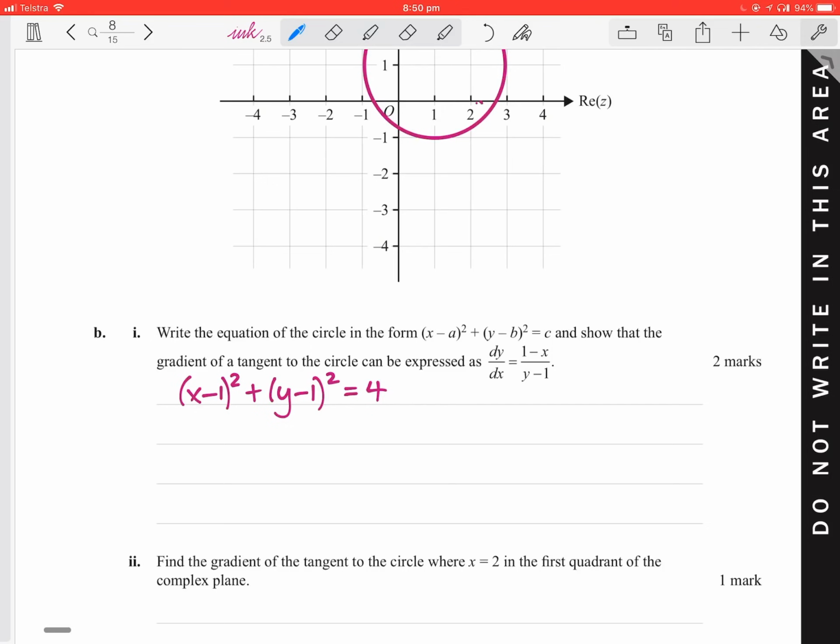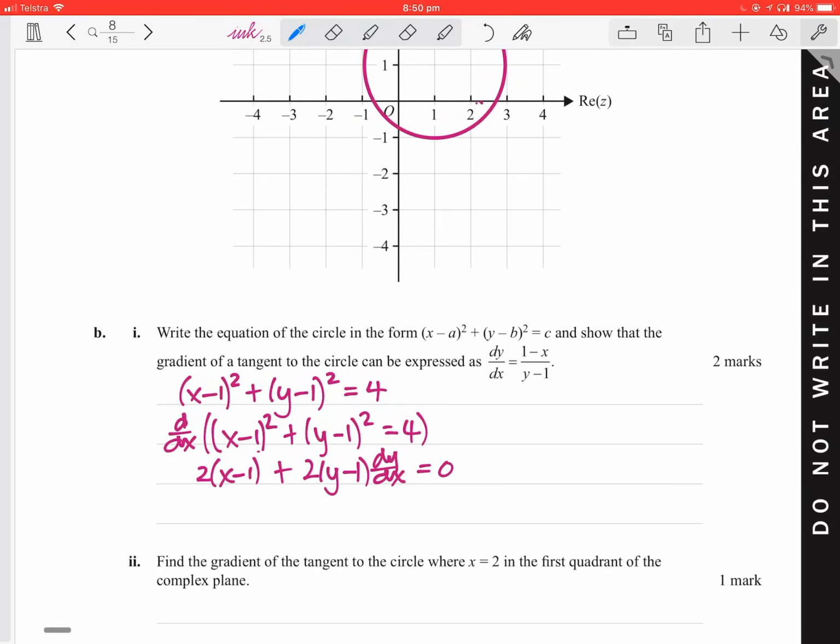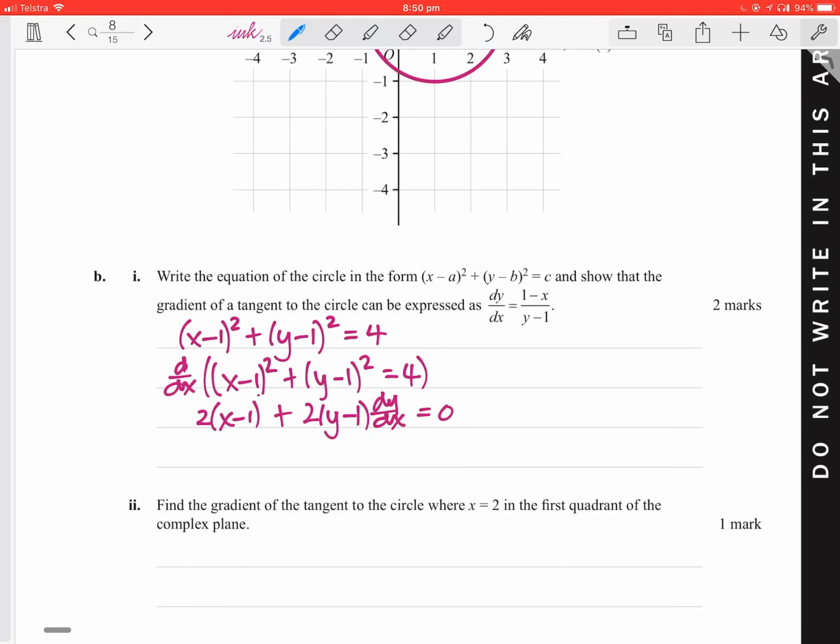So, d dx of x minus 1 squared plus y minus 1 squared equals 4. When we derive the first one, we get 2 times x minus 1. When we derive the second one, we're going to get 2 times y minus 1 dy dx. Of course, that's a chain rule. That equals 0.